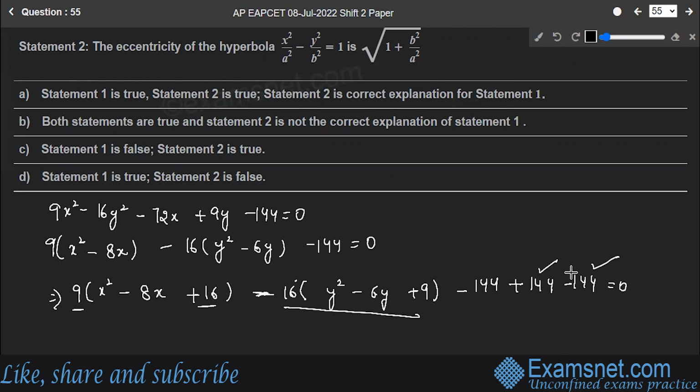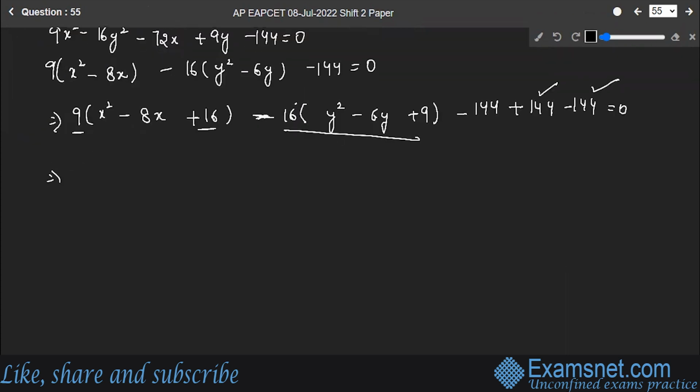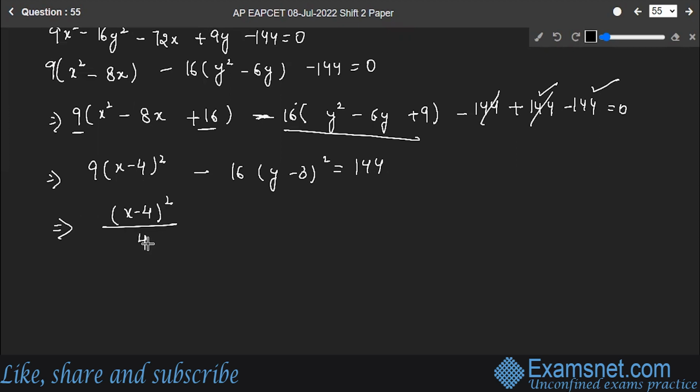Hope you are clear. So simply I'm adding and subtracting 144 in the first two terms. So now this one can be written as 9 times (x minus 4) whole square minus 16 times (y minus 3) whole square is equal to 144 because these two will be cancelled. Now further, dividing both sides by 144, you will get (x minus 4) whole square upon 4 square minus (y minus 3) whole square upon 3 square is equal to 1.